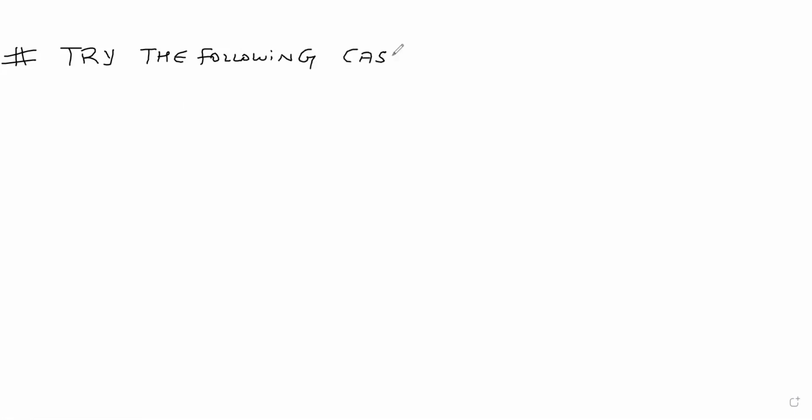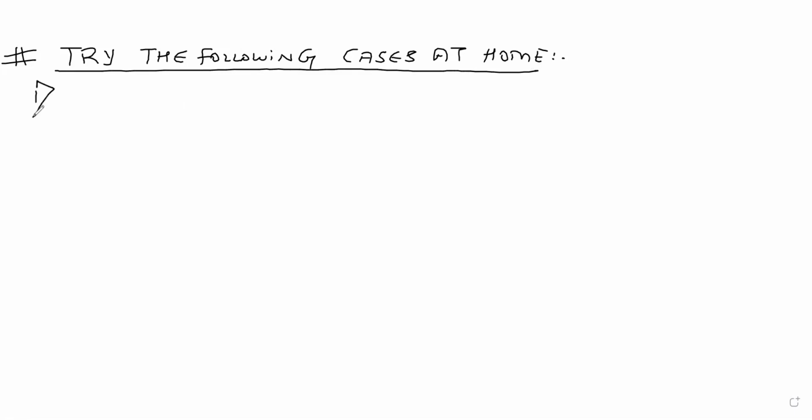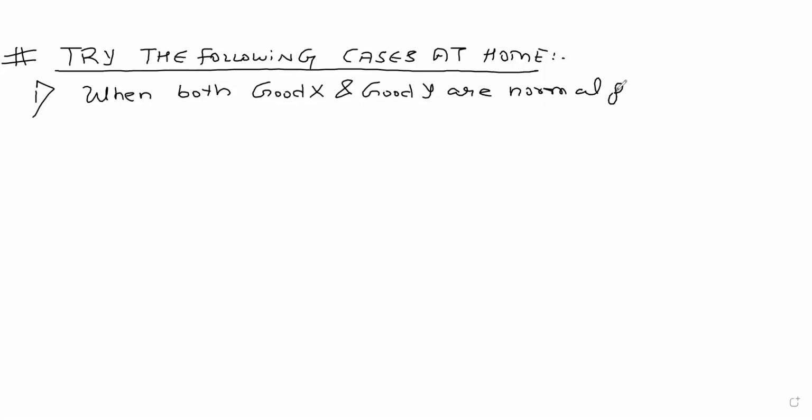Case 1: when both good X and good Y are normal goods and income falls from M to M double dash, what will be the impact on optimal choice?